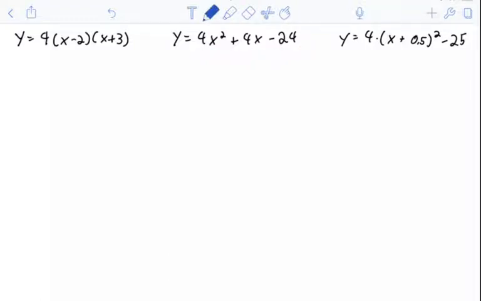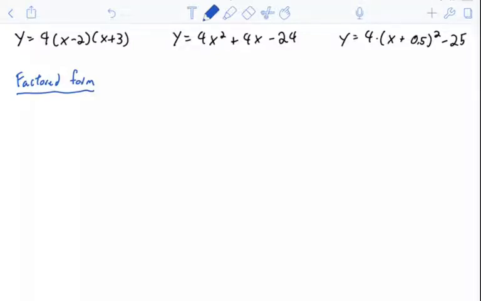Well, let's go into their names first off. This is called the factored form, and we've already met the factored form. The factored form makes roots obvious to us.